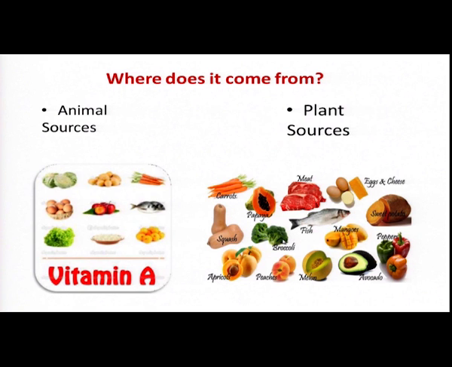So you see over here we have a source of vitamin A from both animal and plant sources. The moment you talk of vitamin A, think of colored pigments: orange, red, yellowish orange.